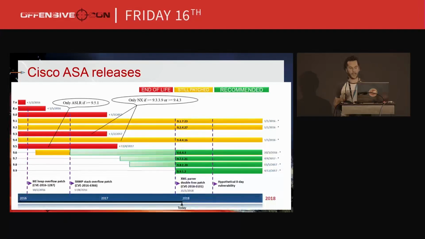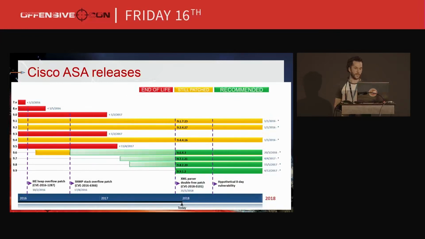So if you really want the latest mitigations, you want to be above 9.3.2, but because of the latest bug I found, you want to be on the 9.6 branch now. So ASLR and NX are enabled after 9.5.3.